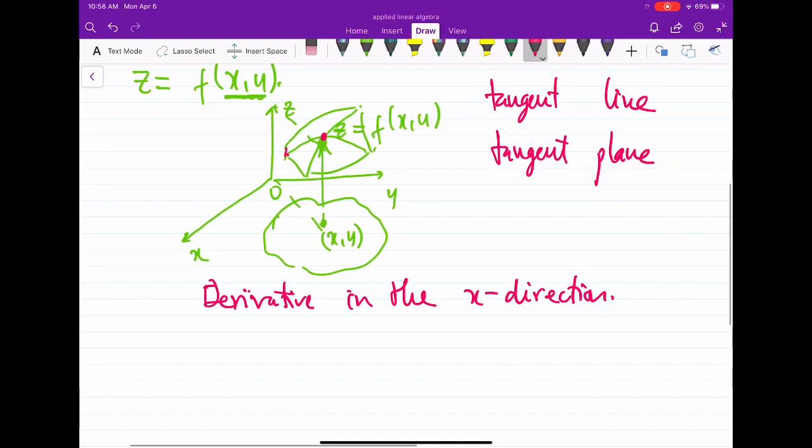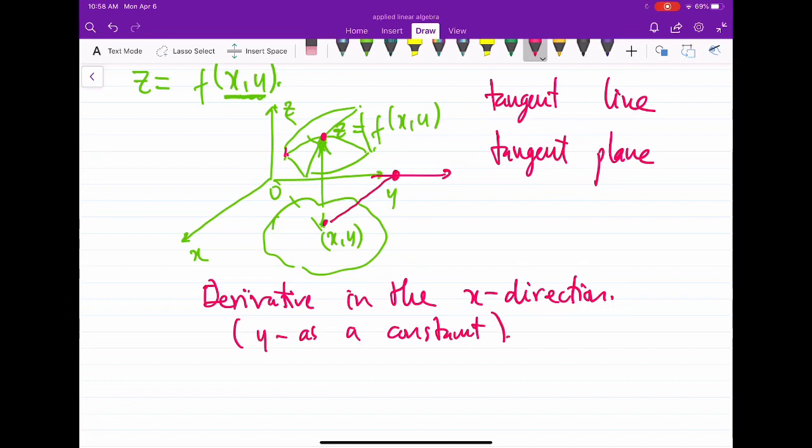You look at y as a constant. Right at this point, I write here y as a constant. So we fix y, and in the three-dimensional case, what is y equal to y0?